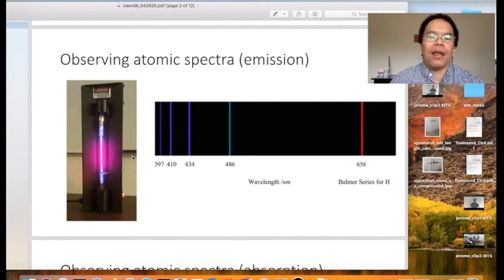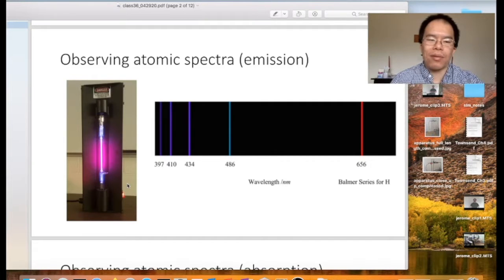If you put that light through a spectrograph or a spectrometer, something that's either based on a prism or more commonly a diffraction grating, what you see is discrete lines, right? You get these discrete colors in the light that is emitted by the atoms inside my tube.